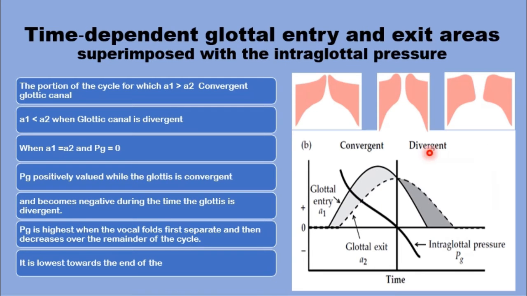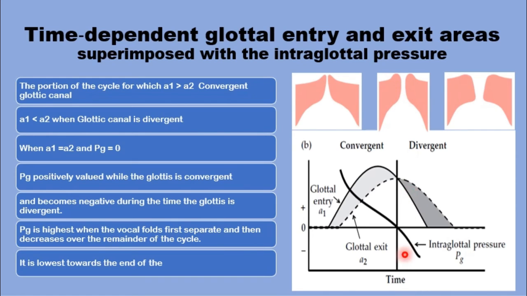This graph sums it all. It shows the asymmetry in the intraglottic pressure, resembled here with this thick black line. It is positive in the opening phase of the glottic cycle when the geometry of the glottic canal is convergent, like in here, and it is negative in the closing phase of the glottic cycle when the geometry of the canal is divergent, as in here, and it is zero when the glottic entry is equal to the glottic exit area in here.